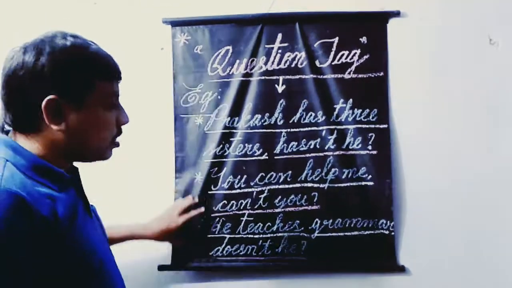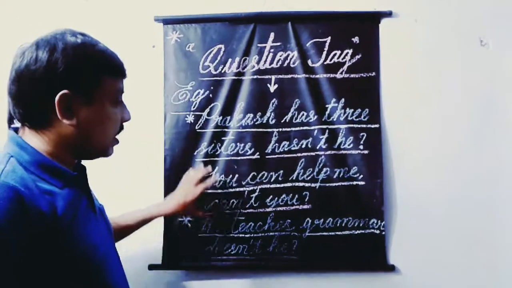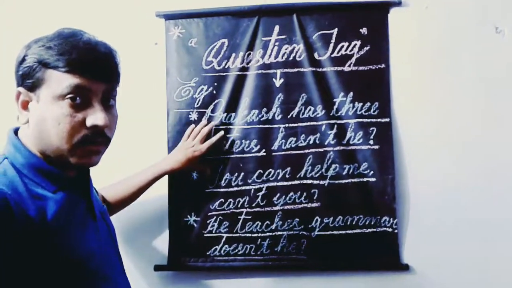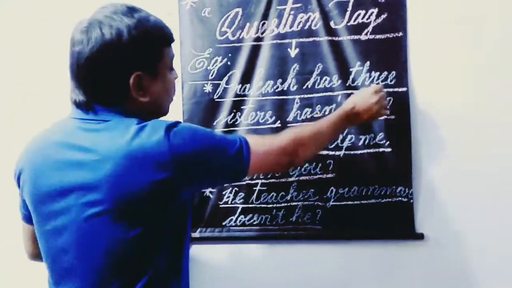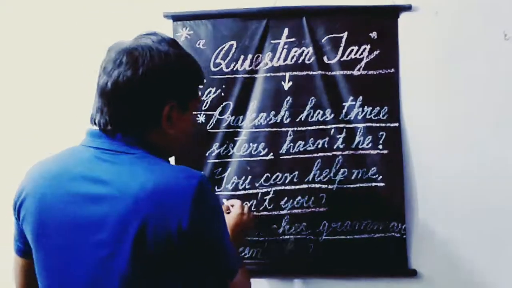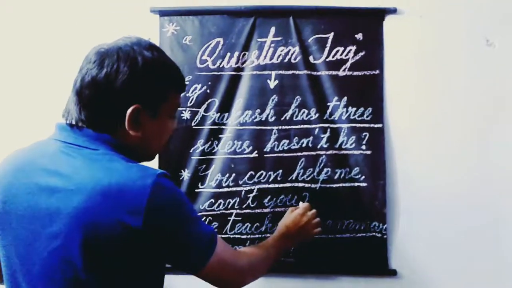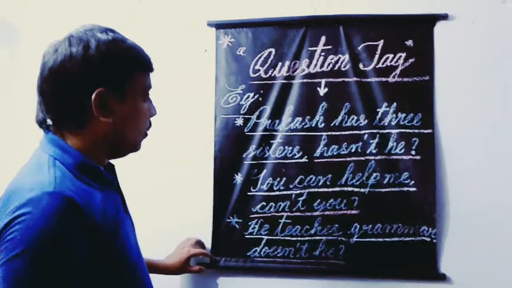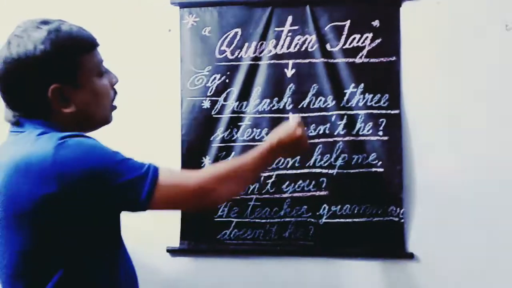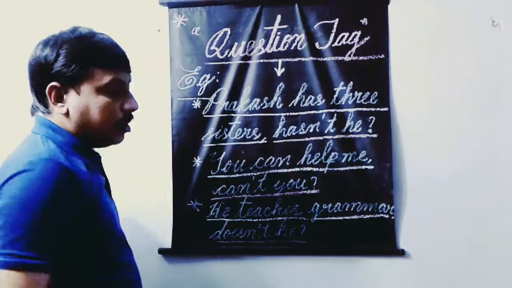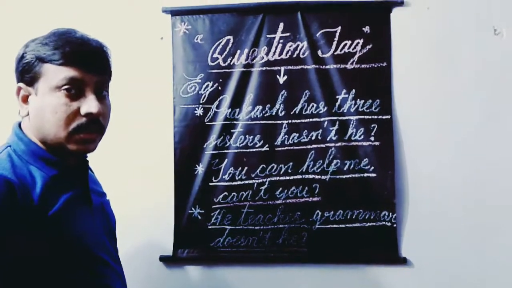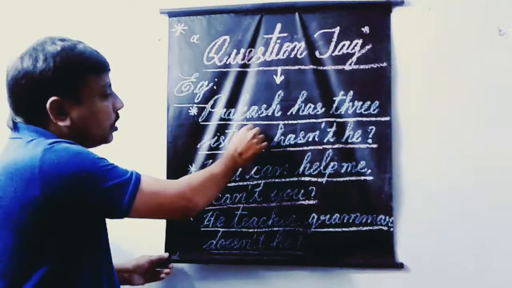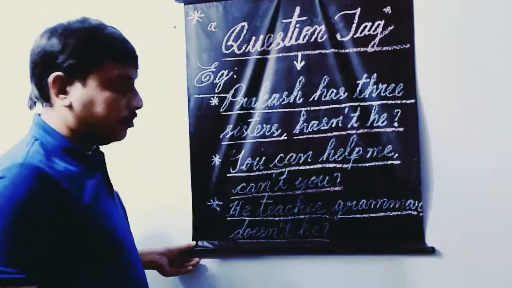Okay, these are the rules that we have to remember in today's session regarding part 1 question tag. Prakash has three sisters, hasn't he? You can help me, can't you? He teaches grammar, doesn't he? If the noun is given in the former part, such as statement, the noun is to be changed into a pronoun in the question tag.